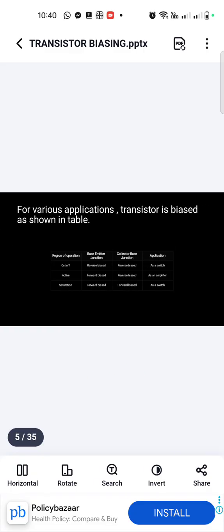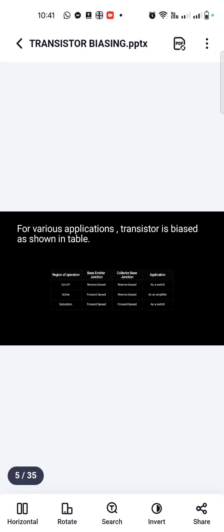Now, various applications of transistor biasing. Already told that three regions are there. The transistor should be present in three regions. What are they? Cutoff, active and saturation. See the table, what's happened there? Three regions are there: cutoff region, active region and saturation region.